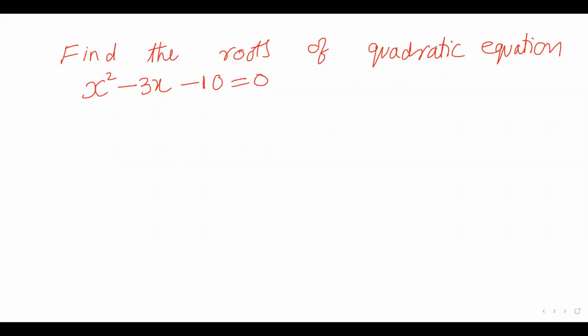Let us take one quadratic equation and let us find the roots by two methods. One is factorization method, another is formula method. Firstly, I will be showing you factorization method.